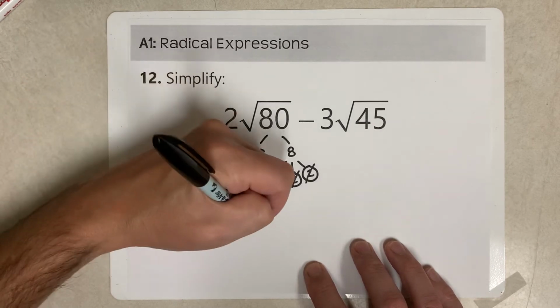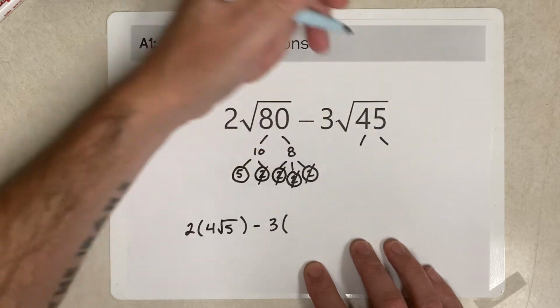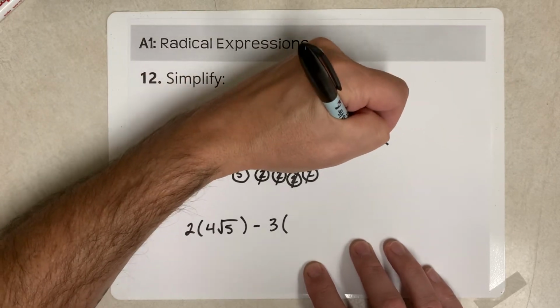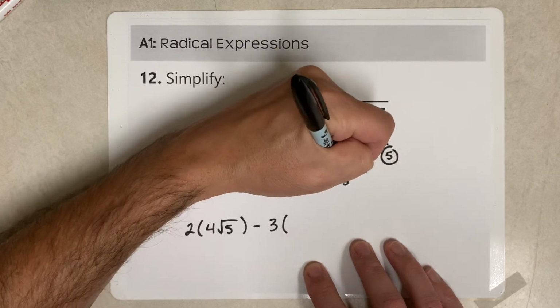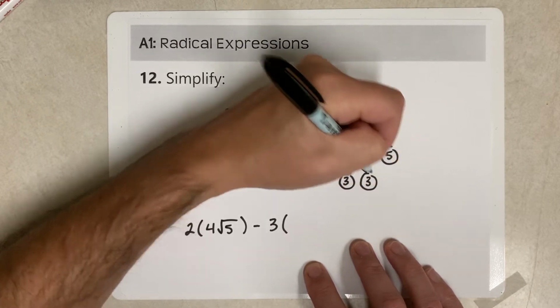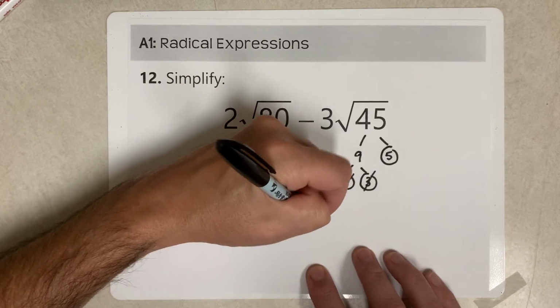So I'm going to go ahead and write the 4 there with the root 5 because the 5 didn't have a pair. Minus 3 times, and now here we go with root 45. 45 is 9 times 5. 9 is 3 times 3. So a 3 comes out. Root 5 stays.